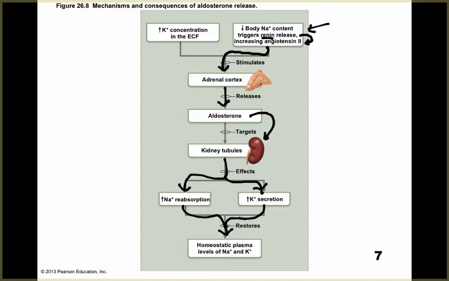Now, what also happens is most times you'll notice that as sodium is decreasing, the concentration of potassium is increasing in that extracellular fluid. So these two mechanisms work together to create this pathway that allows the sodium potassium concentrations to go back into homeostasis at the end.